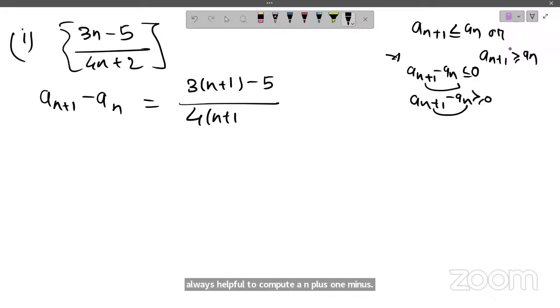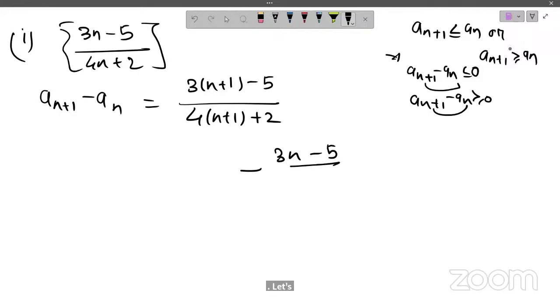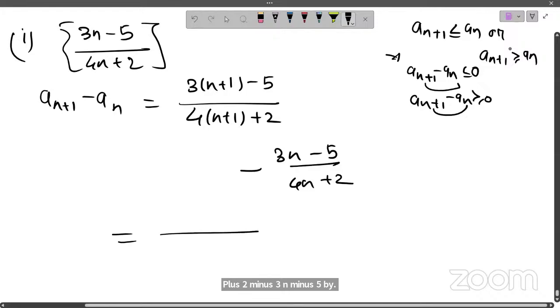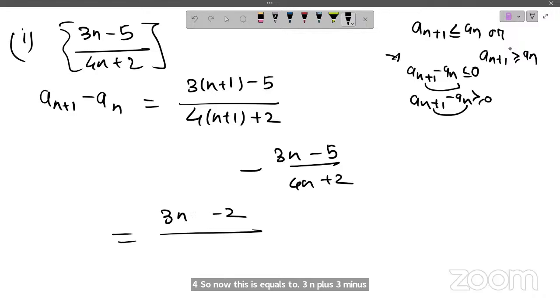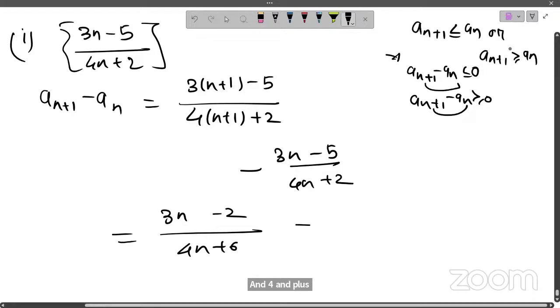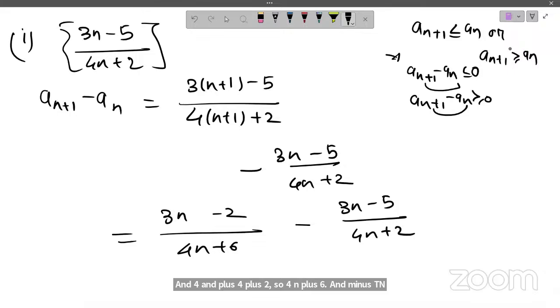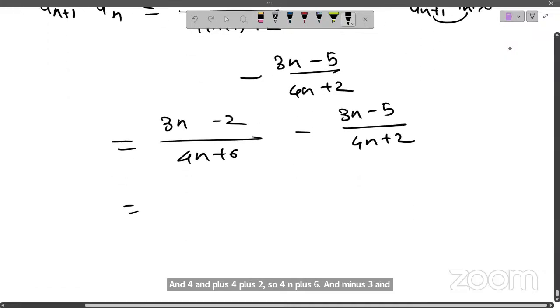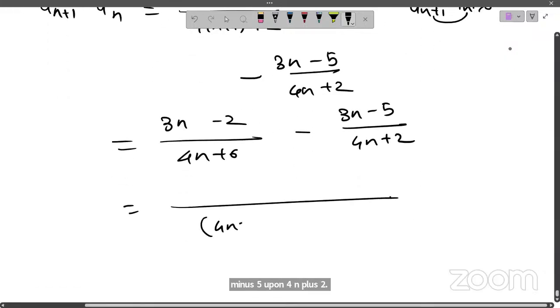So just compute an plus 1 minus an: 3 times n plus 1 minus 5 by 4 times n plus 1 plus 2, minus 3n minus 5 by 4n plus 2. So this equals 3n plus 3 minus 5, so 3n minus 2, and 4n plus 4 plus 2, so 4n plus 6, minus 3n minus 5 upon 4n plus 2. At the end we get 4n plus 6 and 4n plus 2.